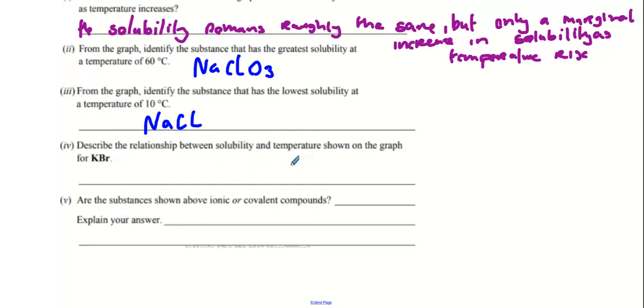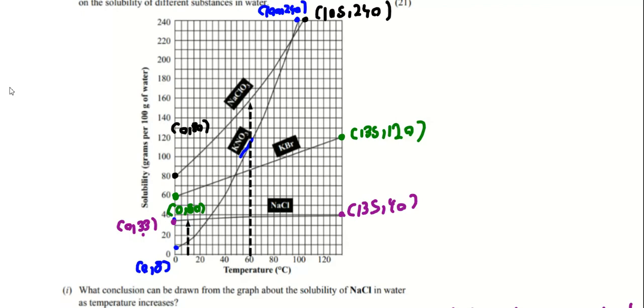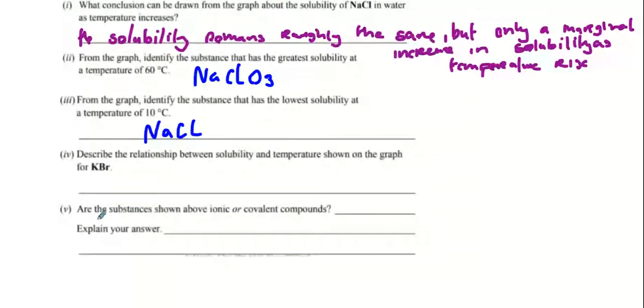Describe the relationship between solubility and temperature shown for KBr. KBr solubility increases steadily as temperature increases. See the way it's pretty much a straight line, and it's increasing proportionally to the temperature. Straight line means they're in proportion, okay? So its solubility increases steadily.